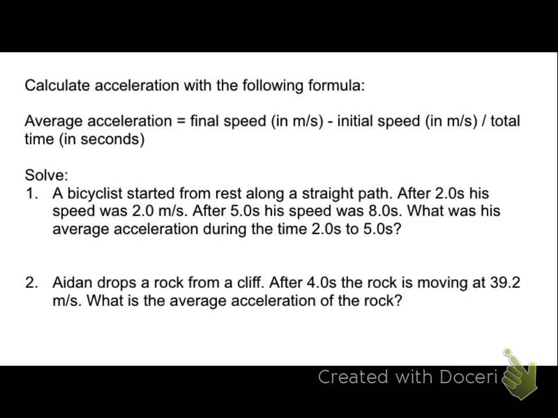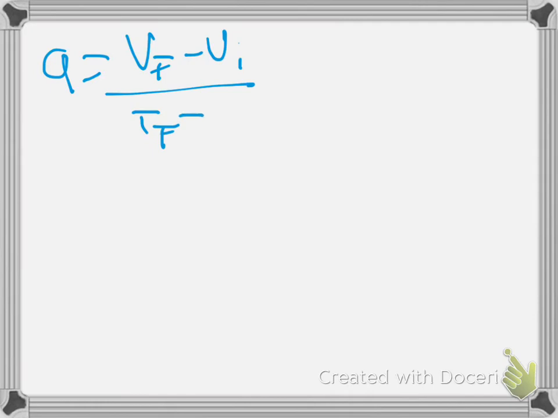Okay, so I'm gonna pull up a blank slide so we have more room to write than what's on here. Okay, so going back to our formula, we remember acceleration is velocity final minus velocity initial over time final minus time initial. Okay, so we can go ahead and fill in some gaps. What did we start at?